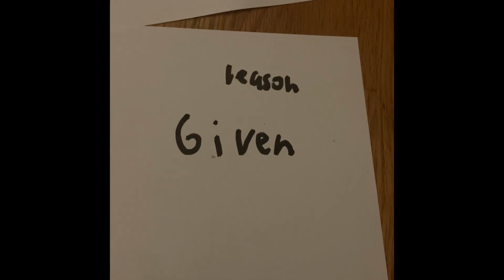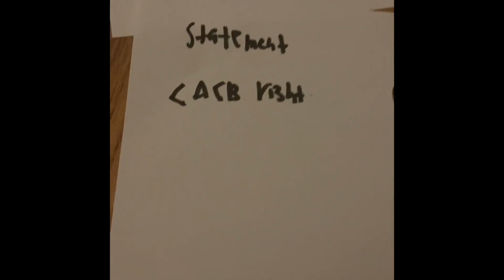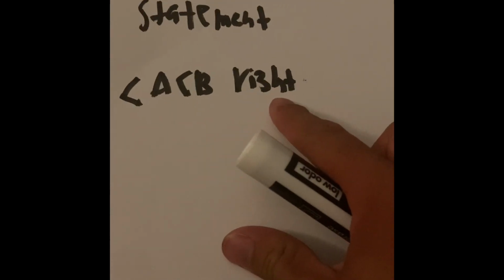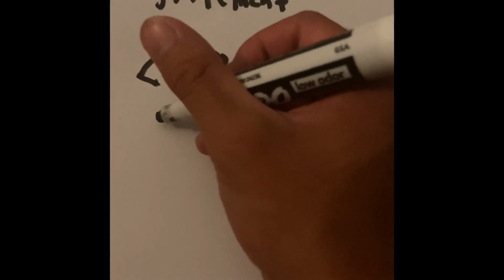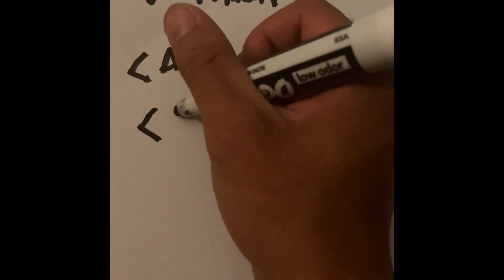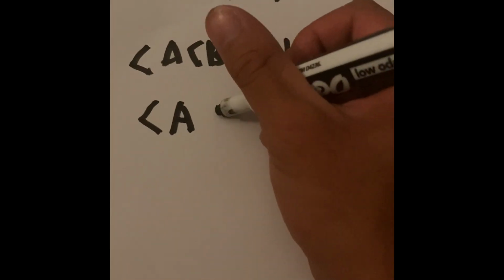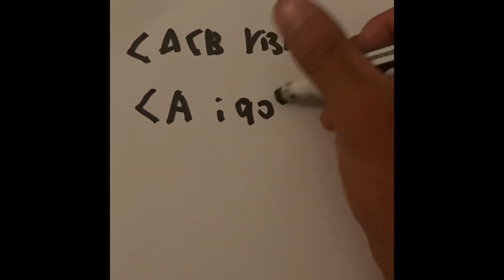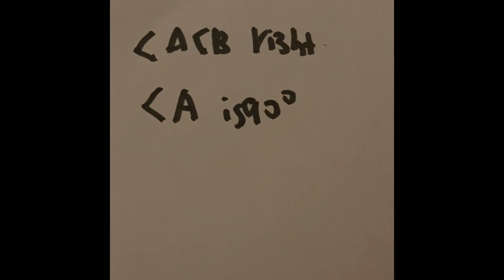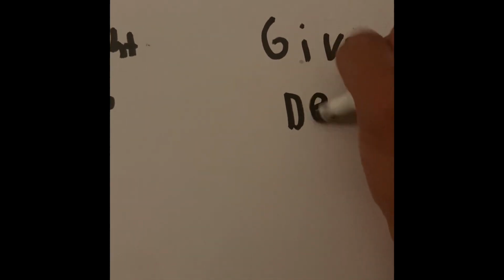Another thing we can say: if you understand what a right angle is, then we can rightly say that angle A is 90 degrees. And we can definitely say that with the definition.